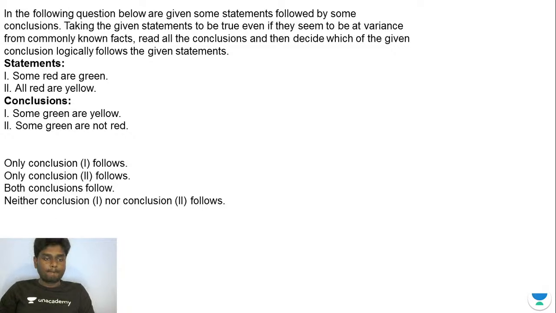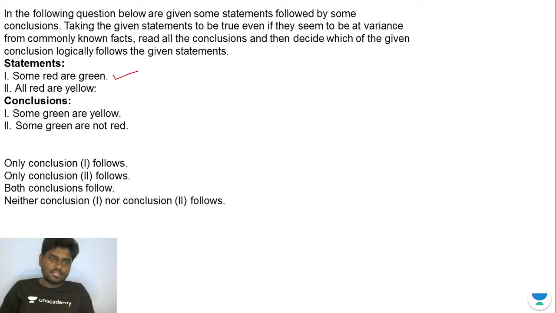Come on. So, something related to statements and conclusions. Try to do this. So, you have some red are green and all red are yellow. So these are the statements that we have.